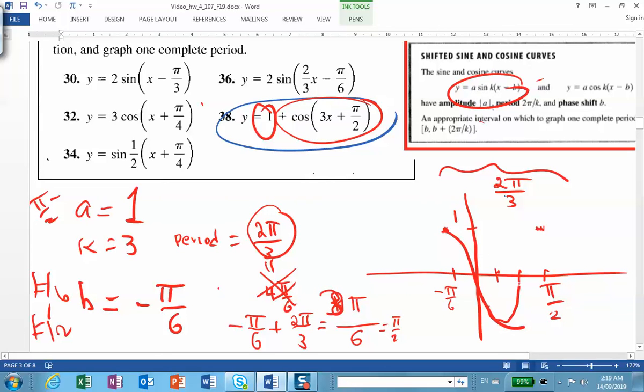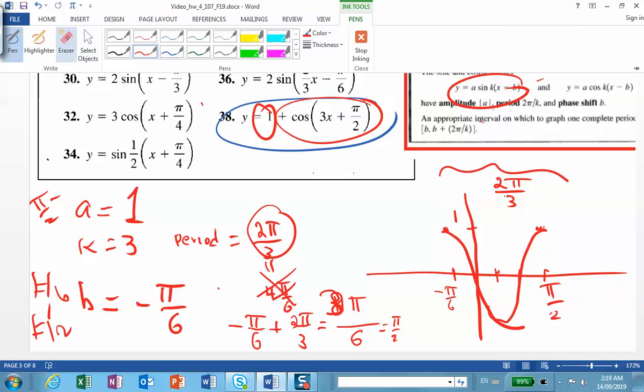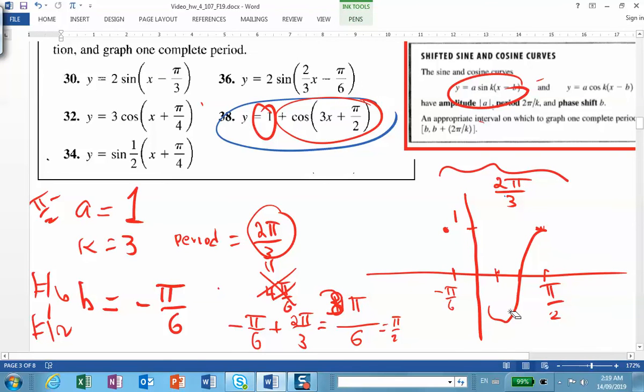Okay. Get rid of this. Clear it up. Right here, in the middle, it goes to minus 1. It starts at plus 1 and goes to minus 1.